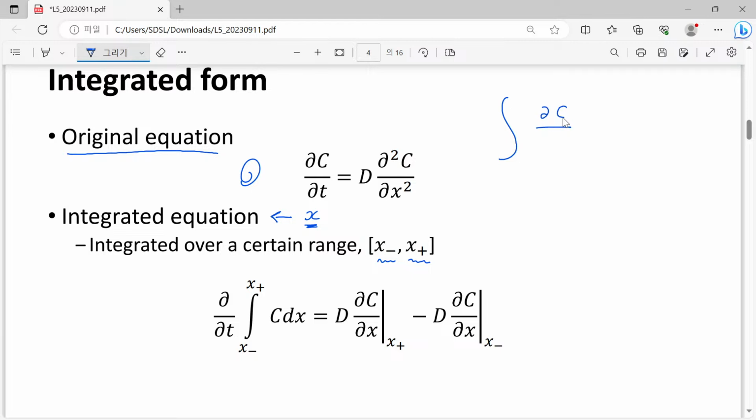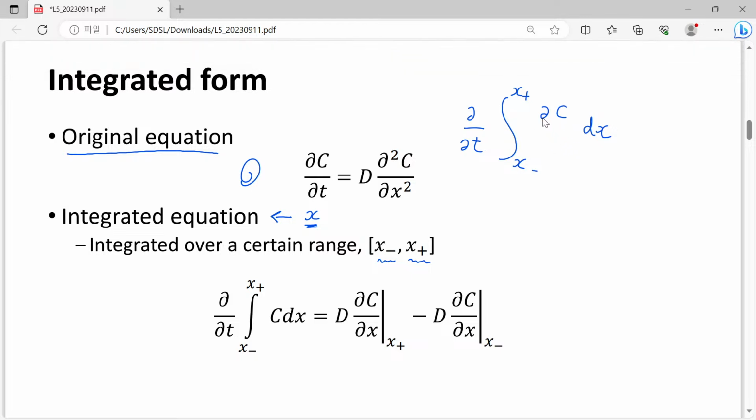So round C over round T is integrated from x minus to x positive. Then what will happen? In this case, the real space and time domain can be interchanged, so we can put our time derivative in front of this real space integration. It is not that difficult.